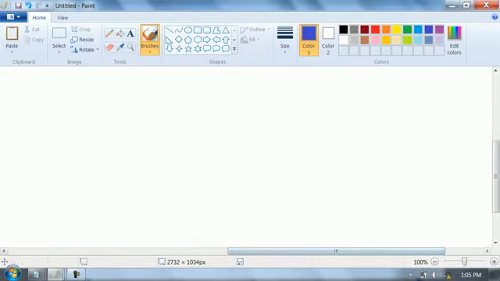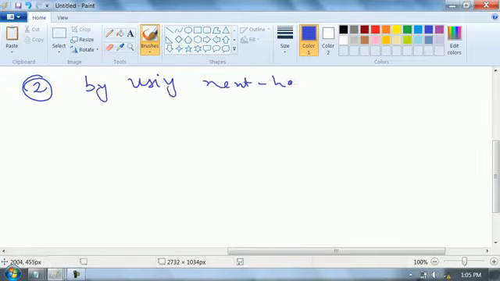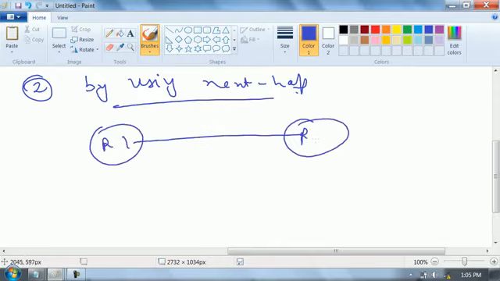Second flavor is by using next hop. So guys, R1, same diagram, R2, tens network, and this is 20.0.0.1, this is 20.0.0.2.